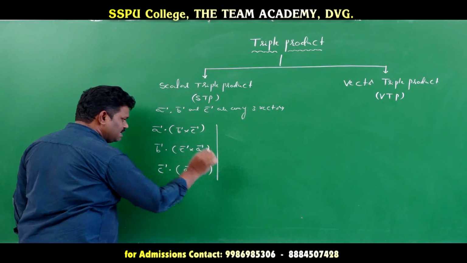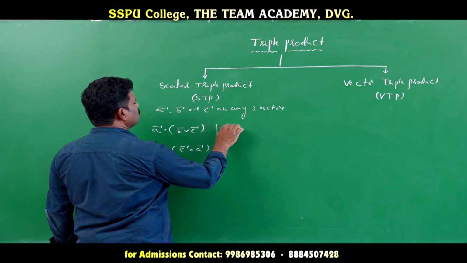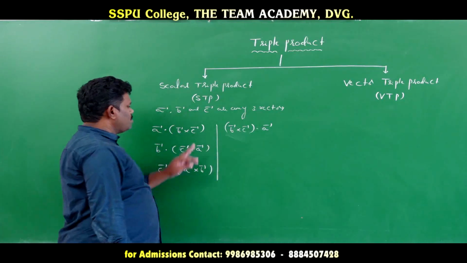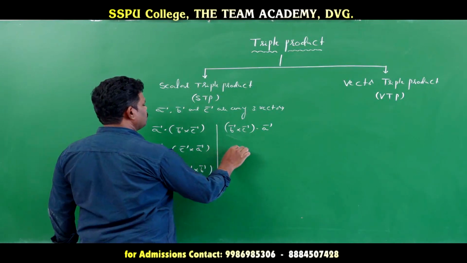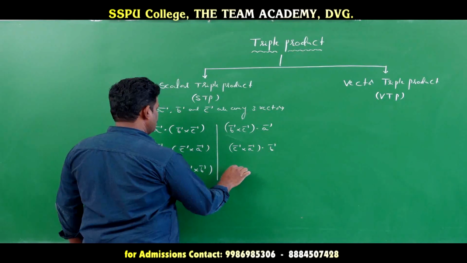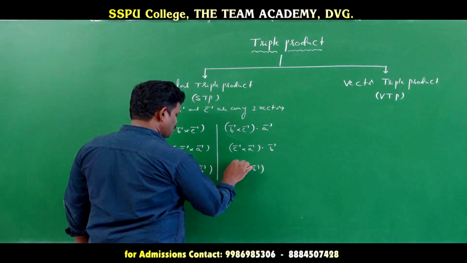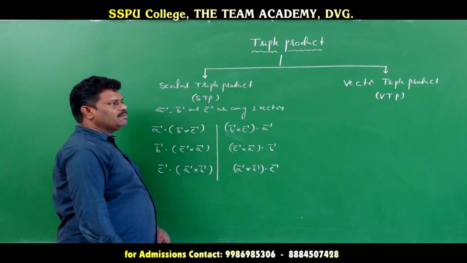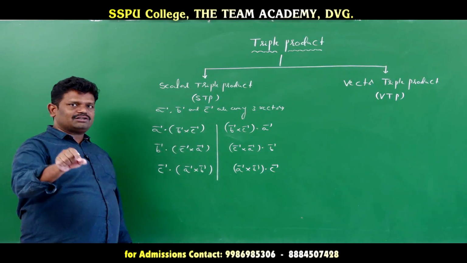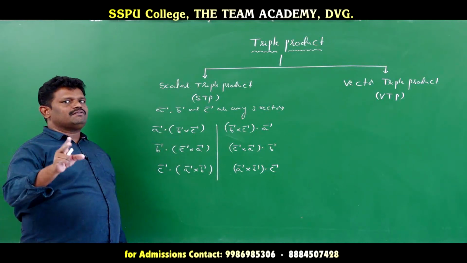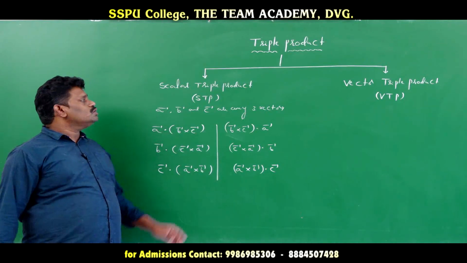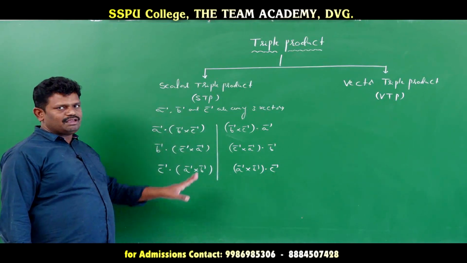Like this it is also written, and applying the commutative property, B bar cross C bar dot A bar, C bar cross A bar dot B bar, A bar cross B bar dot C bar. This is called a scalar triple product. B bar cross C bar is a vector, and A bar is also a vector, so the dot product gives a magnitude. So in the scalar triple product, only a scalar value is given.